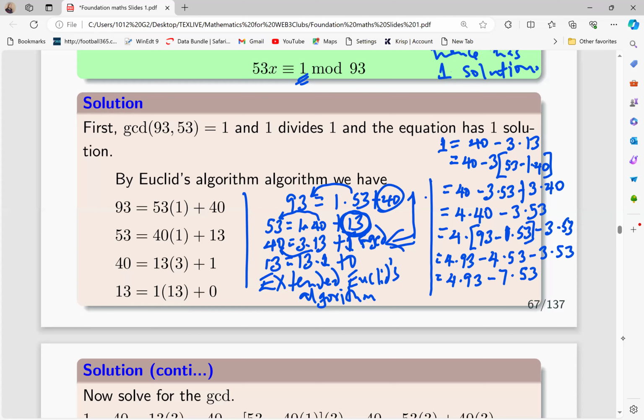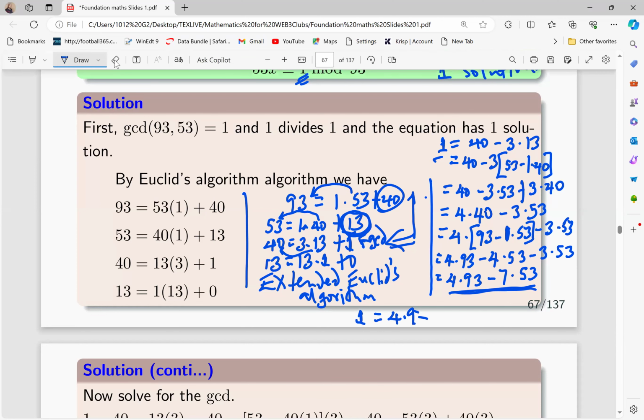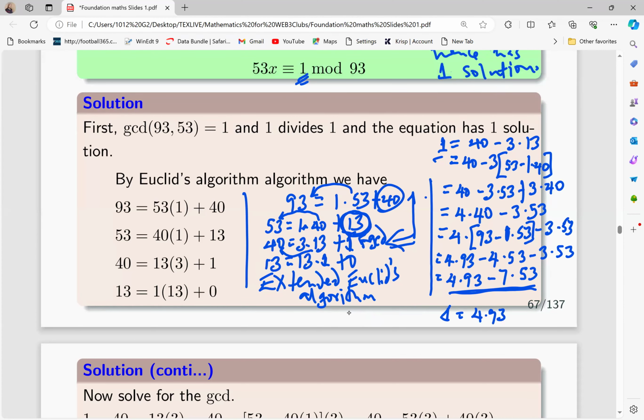What did you want? We wanted a number which, when multiplied by 53, will give us 1. Let's write what we have, because we replaced all our remainders. What we have is that 1 is the same as 4 times 93 minus 7 times 53.